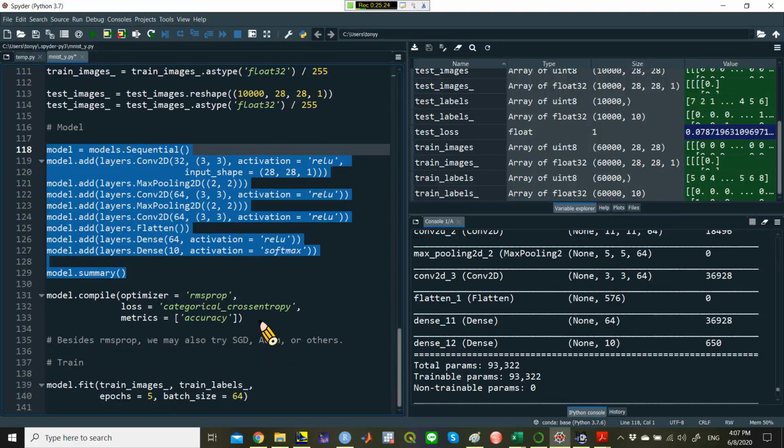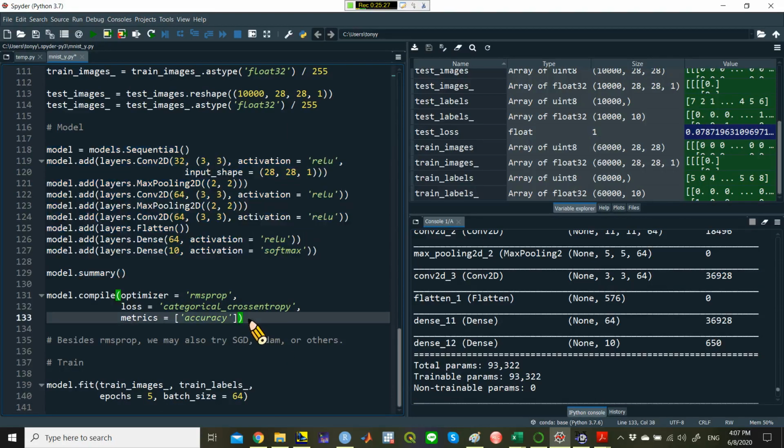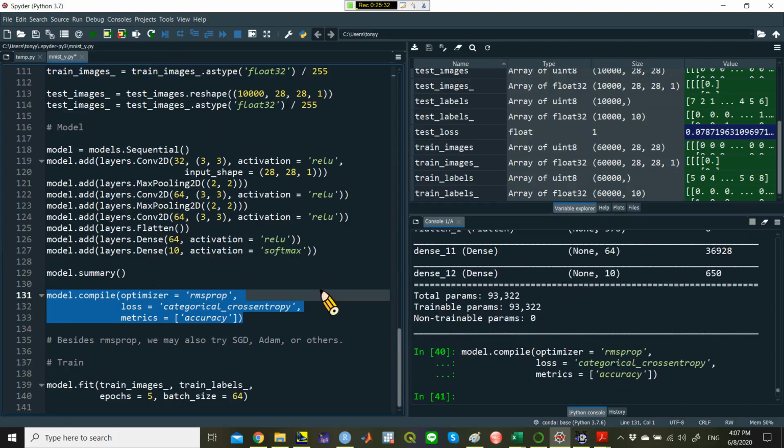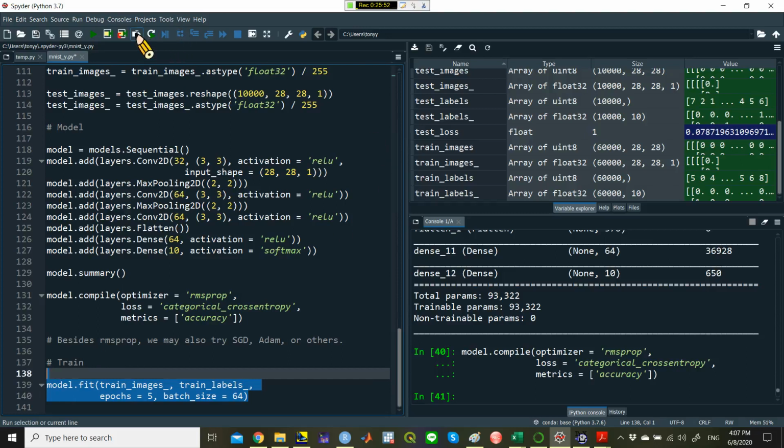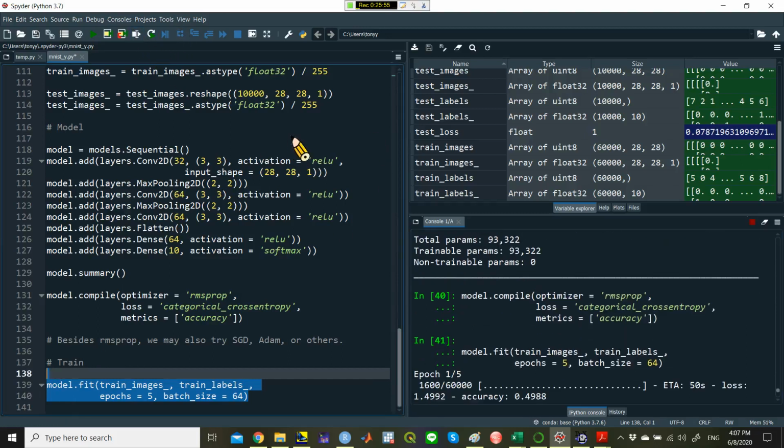Then we can try to train the model. First, we need to compile, which means we want Keras to report the accuracy, we want the loss function to be the cross entropy, and we want to use RMSprop as the optimizer. Then we can train the model. Again, we have only 5 epochs, and the batch size is not 128 now.